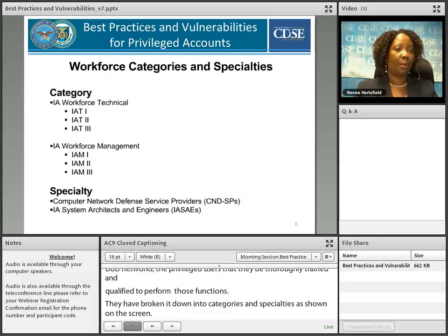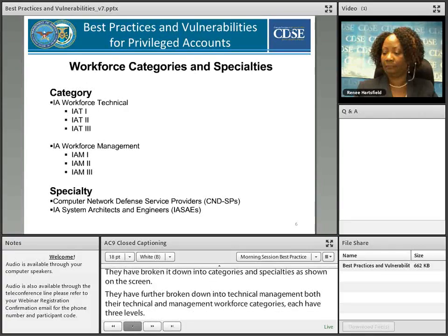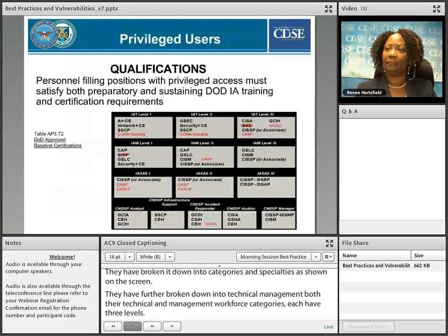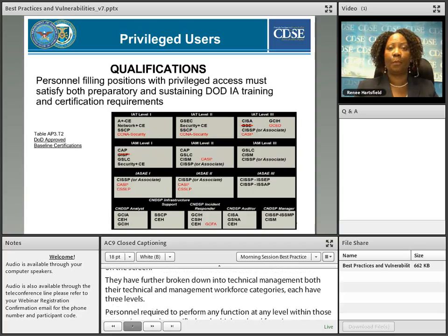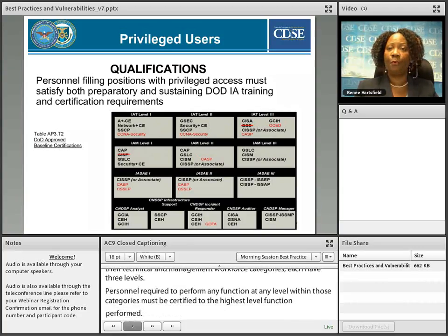Personnel that are required to perform any IA function at any level within those categories must be certified to the highest level function performed. The chart that is shown on the screen now reflects certifications that DoD recognizes as those that qualify an individual to perform in positions requiring privileged access.